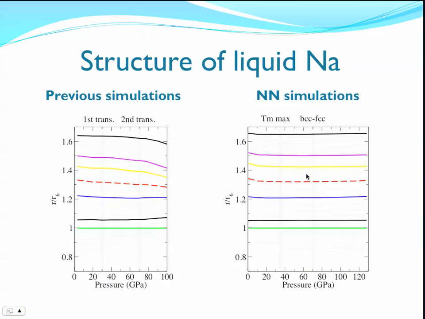So in order to check our results, we tried to repeat the published results, and we saw that our results are very, very different. They're dramatically different from what's been observed before. As you can see, there is no contraction of the second shell from which the first structural transition was deduced.